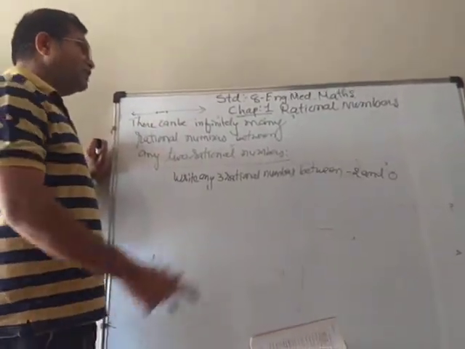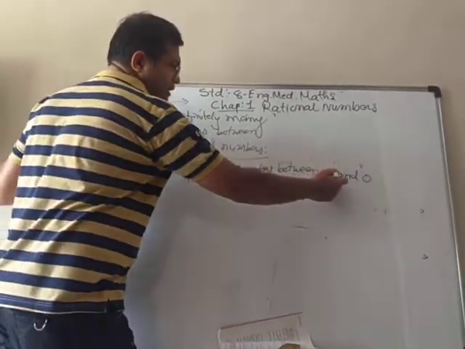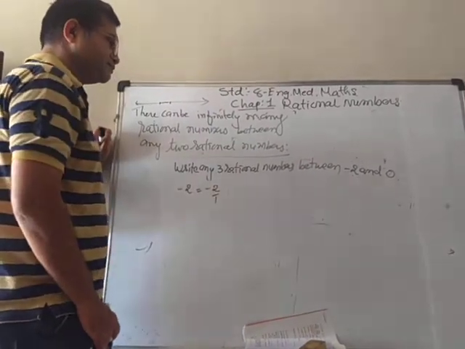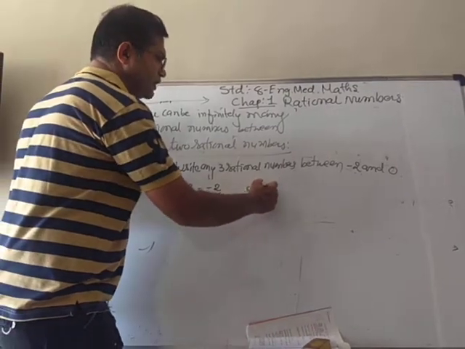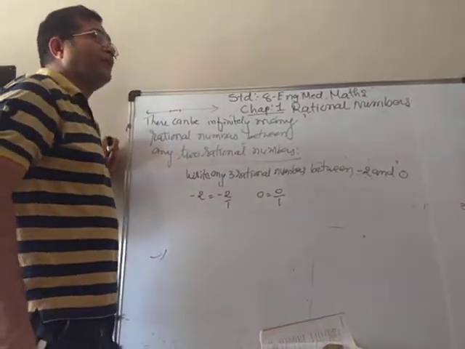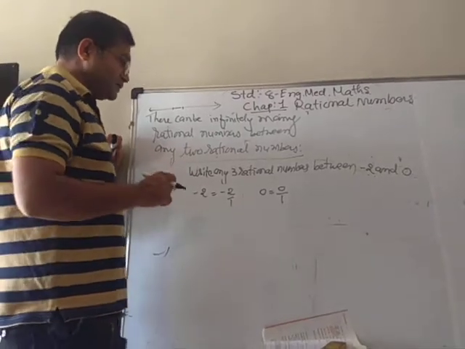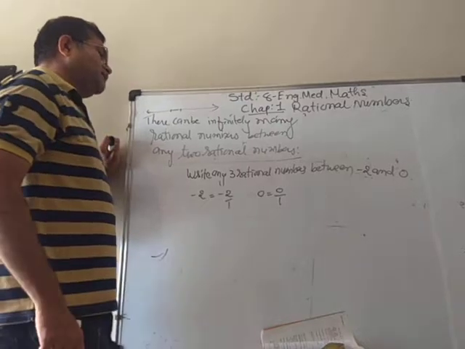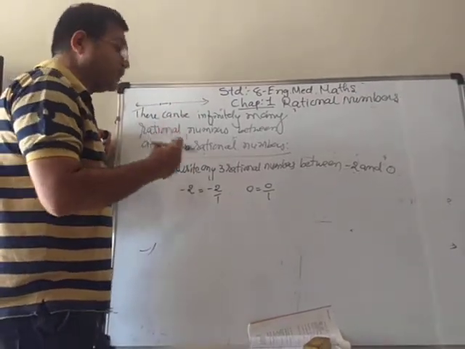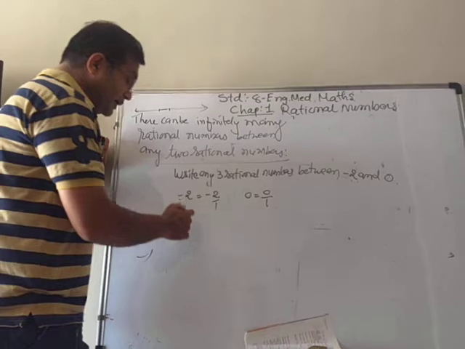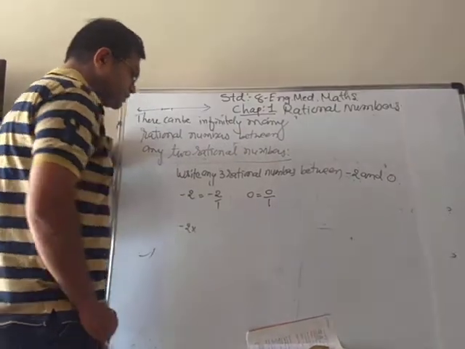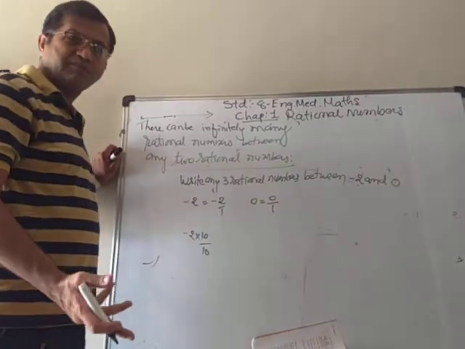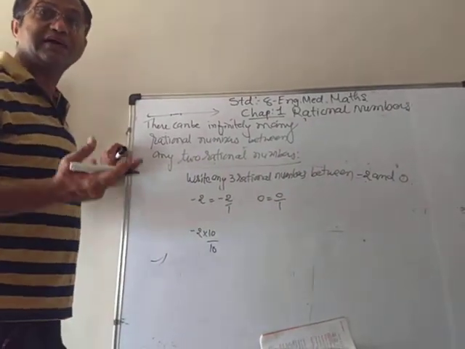Now it does not look like rational numbers, but we can write -2 as -2 upon 1, and 0 as 0 upon 1. So what do we have to do? Here, if you multiply -2 by 10 upon 10, the number is the same. You get equivalent rational numbers.